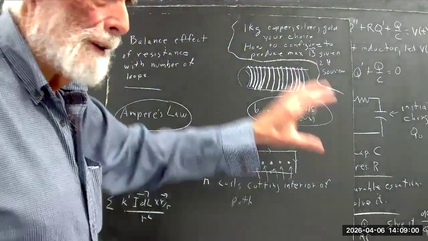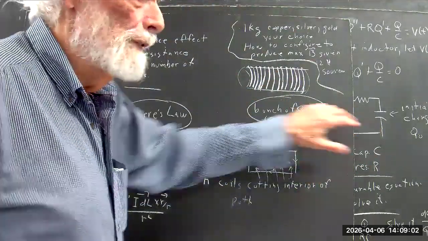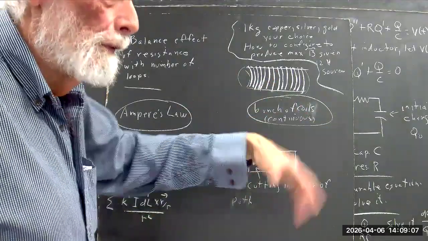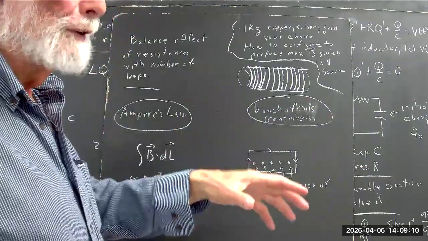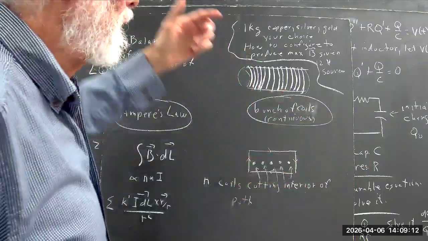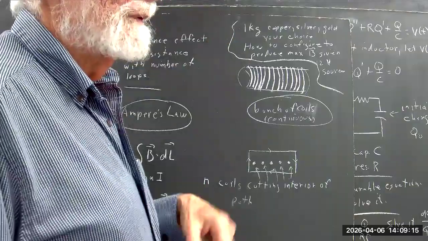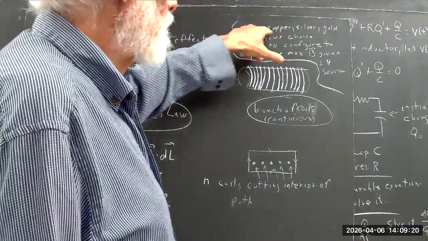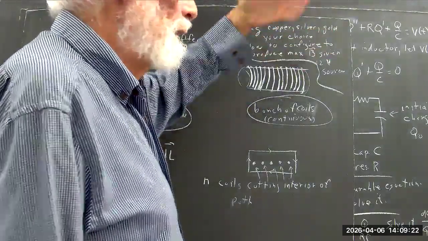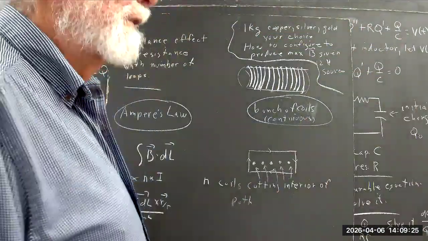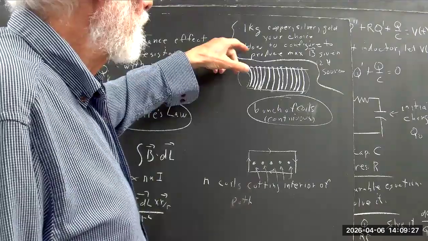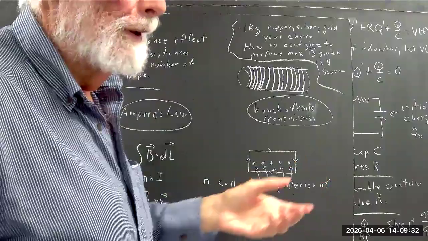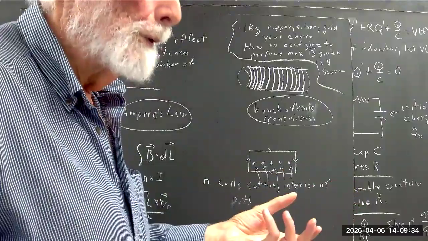We started class. Before we did the stuff I went over here about the differential equations and so forth, equations for LRC circuits or LC circuits, LR circuits, or RC circuits, I posed the question: if you had 1 kilogram of your choice of copper, silver, gold, or any other conductor that you might wish to use, how would you configure that kilogram of stuff, assuming you've got the ability to shape it any way you want to?